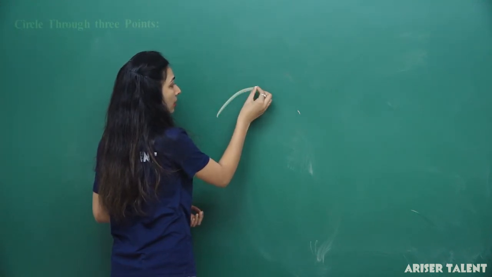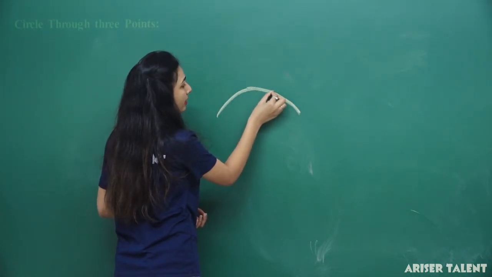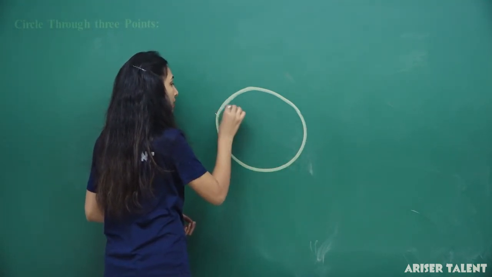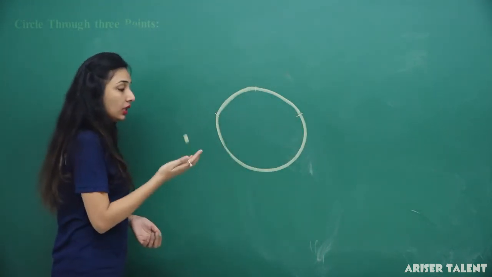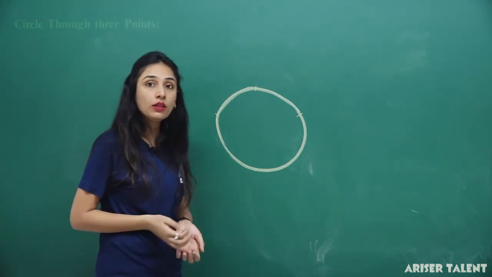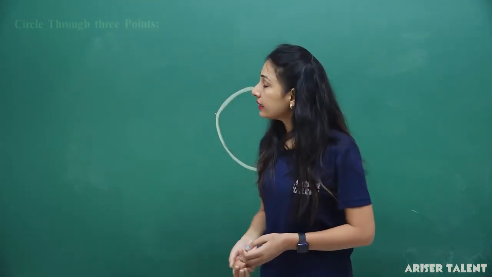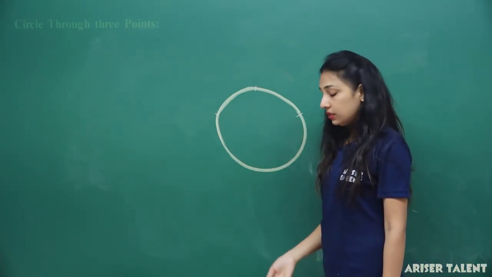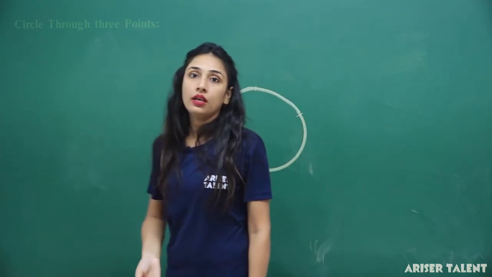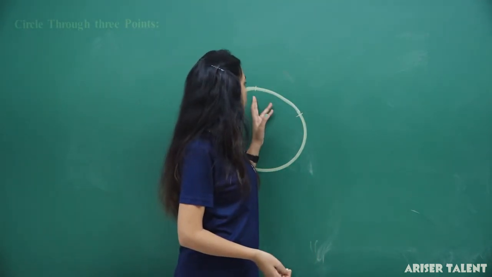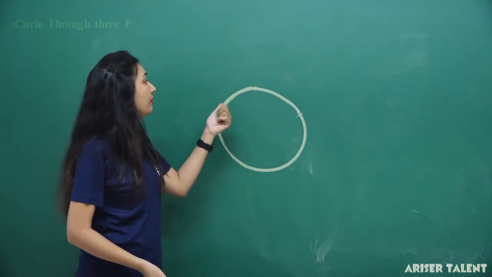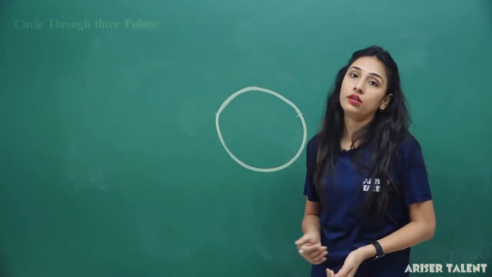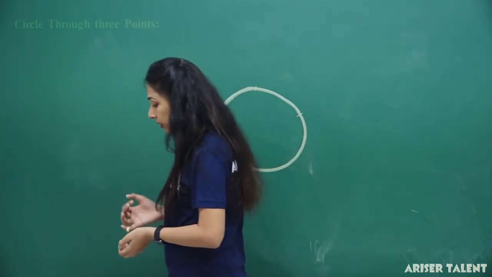So now let's suppose I am drawing this circle from these 3 points. Now, guys, is it possible for us to draw a second circle having these 3 exact points in it? Is it possible or not? What do you think?